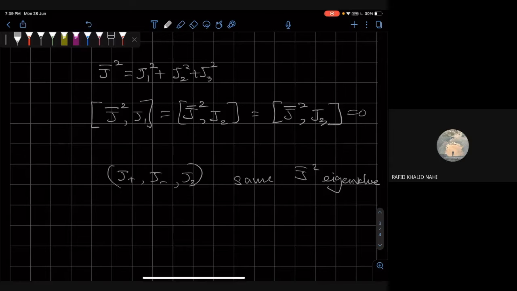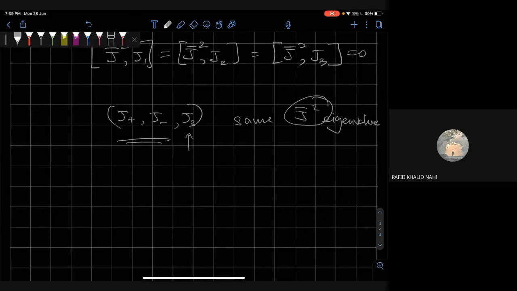If you start with some state with some particular value of j3 and you apply these, you will never be able to change this eigenvalue, right? Is that clear? I guess that's what the alpha equals L times L plus 1 equation says. Exactly. All the states have the same value of alpha. It is L times L plus 1.